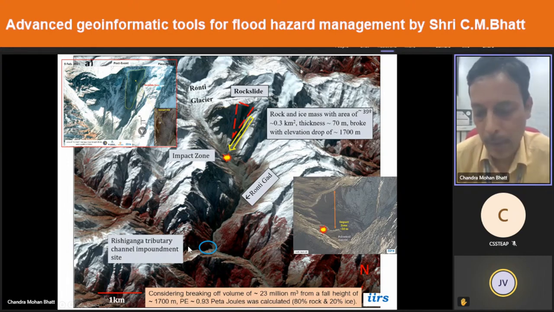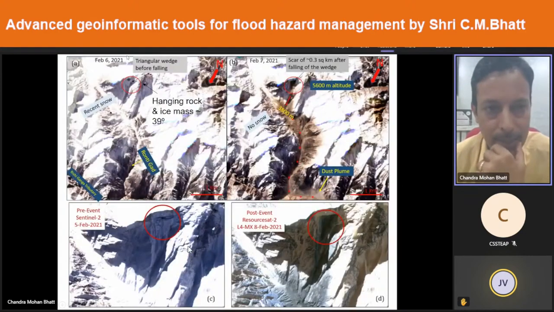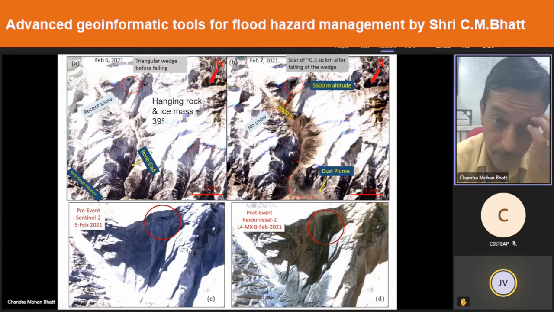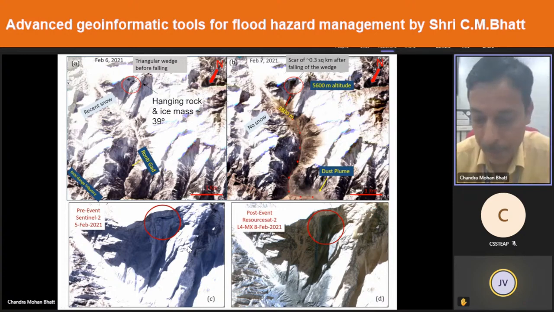This kind of analysis we had done. These are satellite images before the rock slide, and one day after, and a few days after, captured through different satellites, from the Indian satellite as well as from the Planet data.